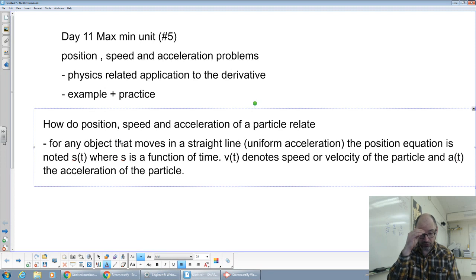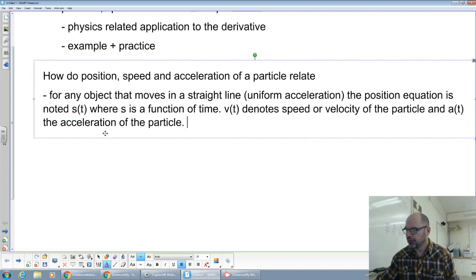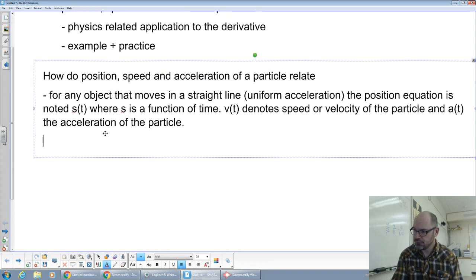Okay. So the relationship that we have in calculus is that the derivative is a slope.